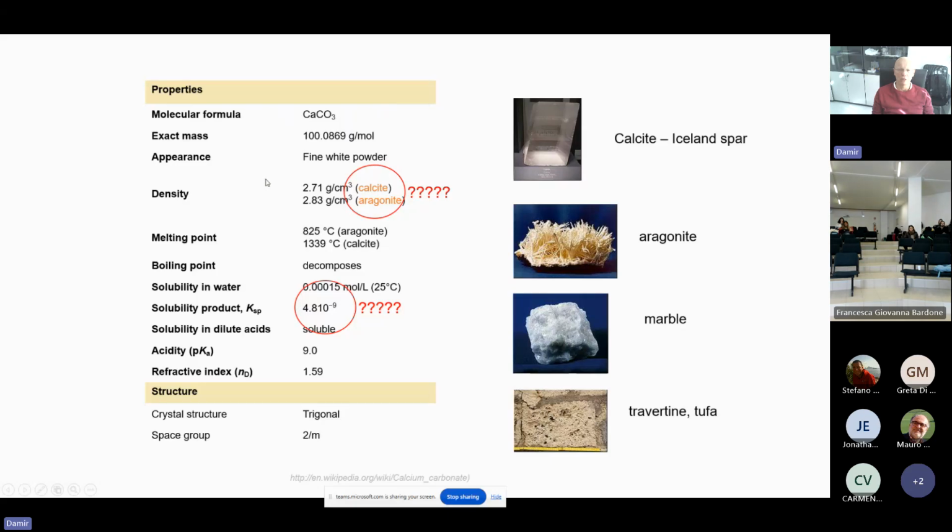It means that something is missing. Most of you know that there are other polymorphs, and similarly for solubility product. They give only one solubility product, but there should be at least three, actually six solubility products for calcium carbonate and its formation. There are also illustrations of calcite in the form of Iceland spar, aragonite, marble, travertine, and tufa.